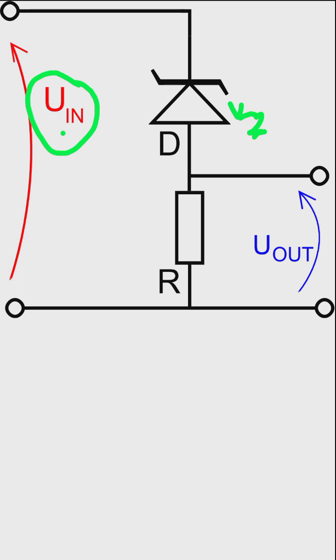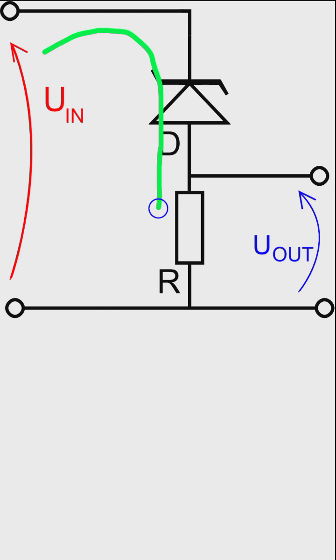It conducts the current in reverse bias because the voltage at the cathode is greater than this voltage VZ. So with this situation, the diode starts conducting current and the loop is like this, and that current is your IZ.